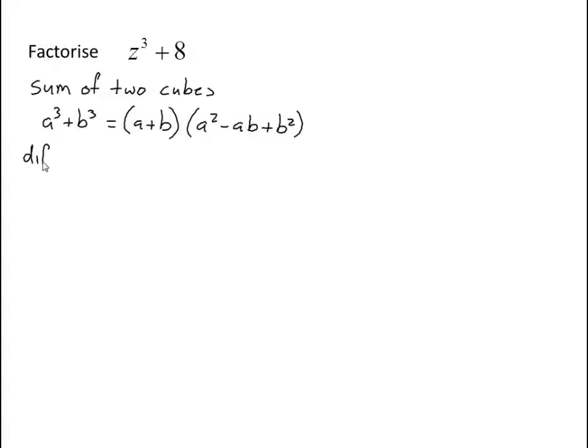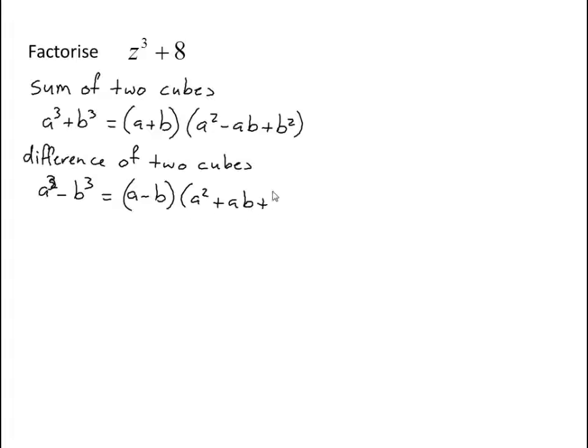And the corollary rule is for the difference of two cubes, which says a cubed minus b cubed equals a minus b, a squared plus ab plus b squared.